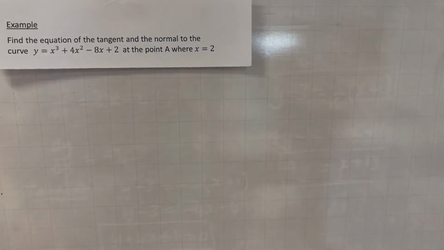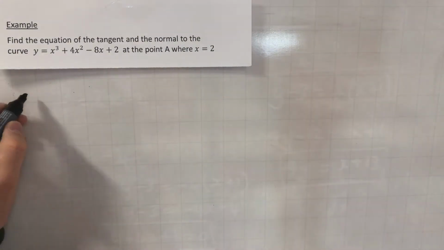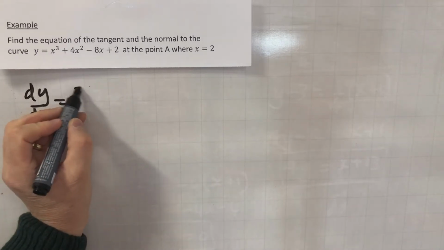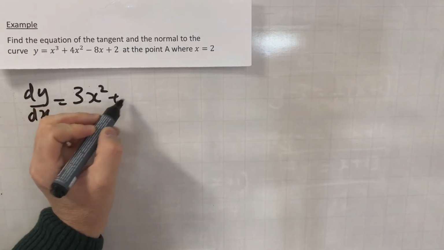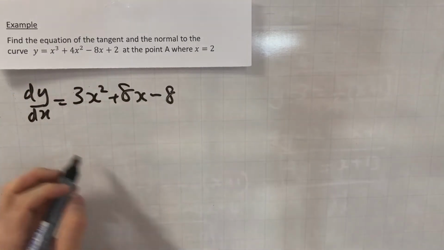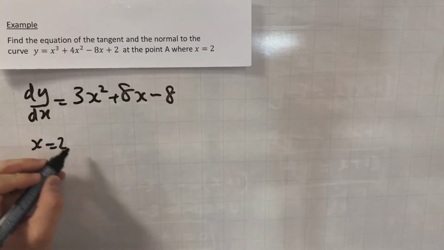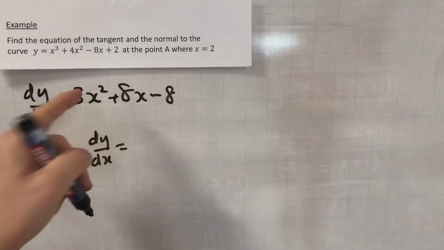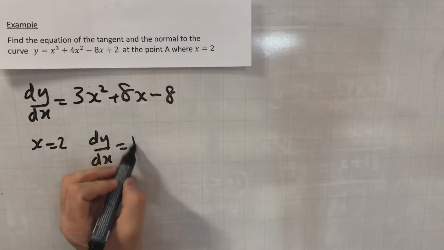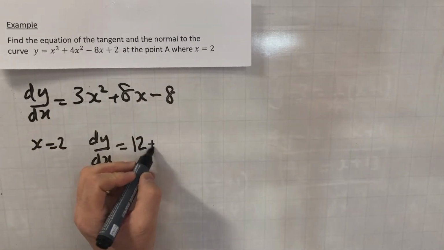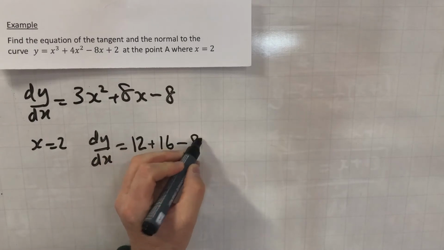Okay, so to work out the tangent again, we need dy by dx. So that gives us 3x squared, add 8x, take 8. So when x equals 2, the gradient will equal 3 lots of 2 squared, add 8 lots of 2, and take 8.